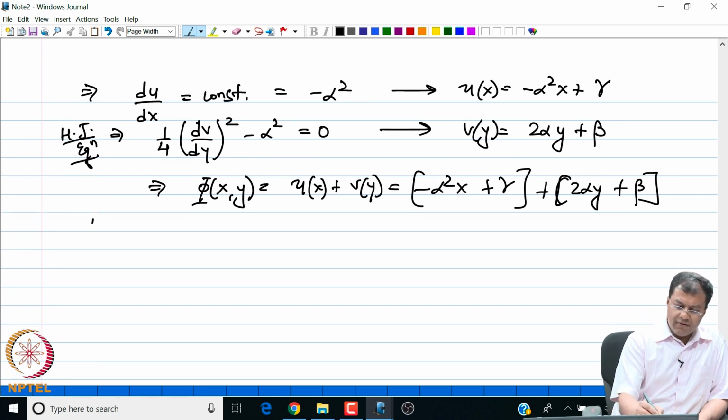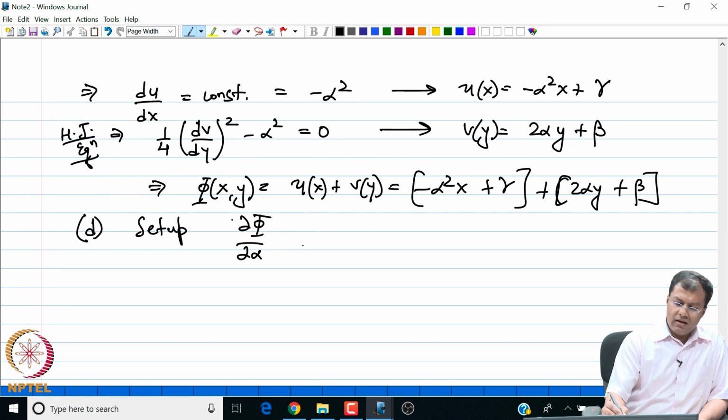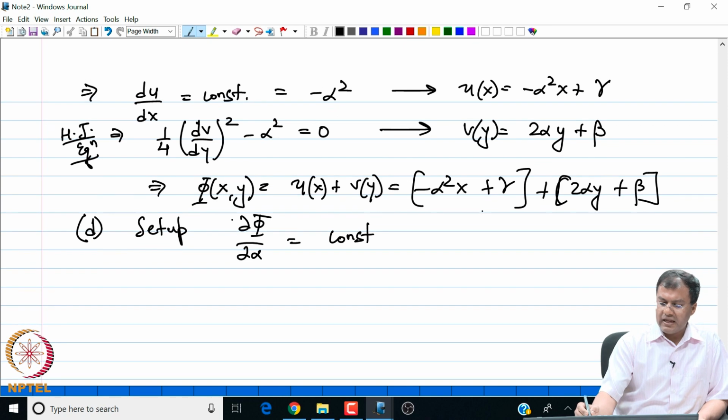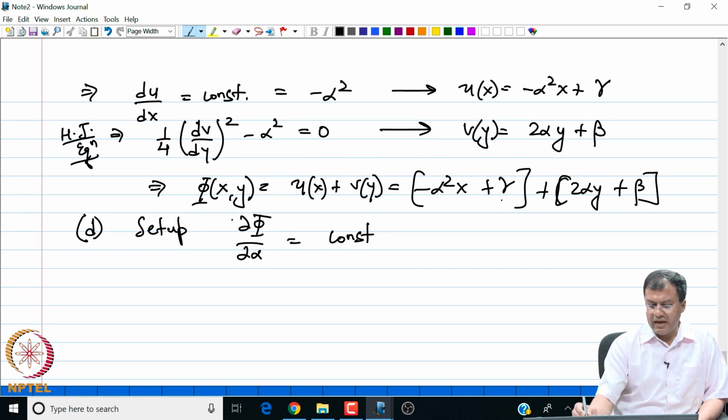Once I have the generating function, the next stage is to set up partial phi partial alpha equal to a constant. Note that in phi we have 3 constants: alpha, gamma, beta. If we take the derivative of phi with respect to gamma or beta, we are going to get 1 is equal to a constant. So, there is no new relation.